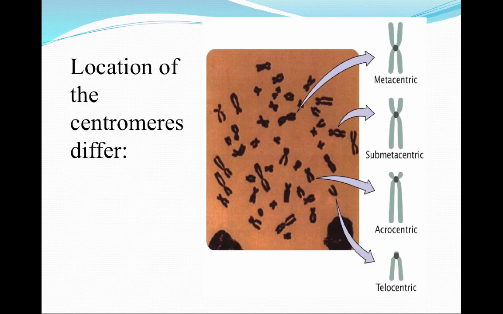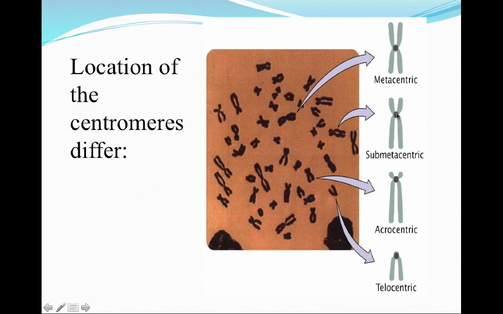So finally, as we look at centromeres and chromosomes, chromosomes have 4 major different configurations, and it all has to do with the location of the centromere. You could have a centromere that is directly in the center, attaching chromosome 1 to chromosome 2 right at the halfway point, and that is termed metacentric.